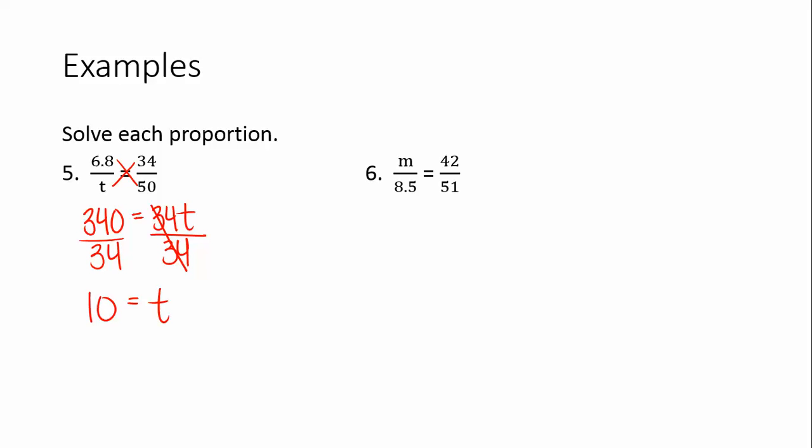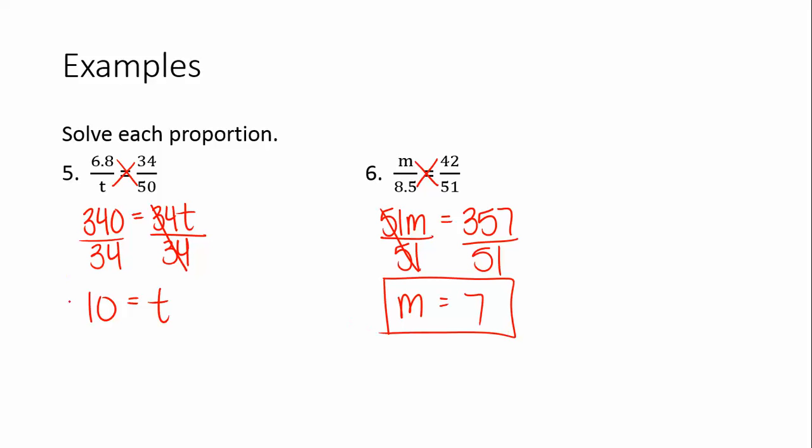On number 6, we have 51m equal to 8.5 times 42, which is 357. And we divide both sides by 51. And we get m equals 7.